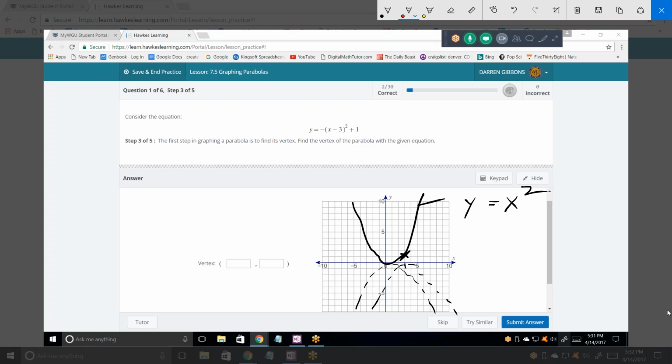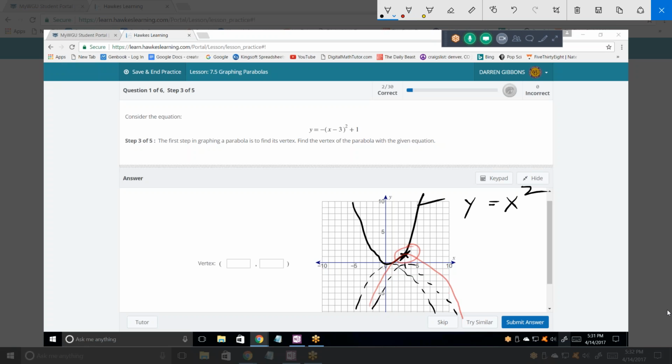And let me draw it in a different color. Notice the shape has not changed. I have not widened it, I haven't stretched it, I haven't done anything to the shape. The old vertex was at 0, 0, correct?